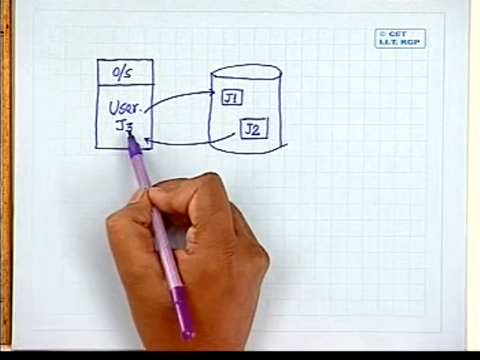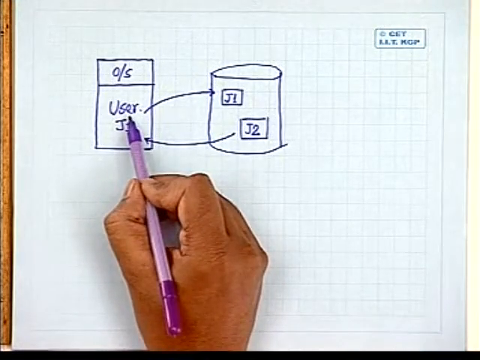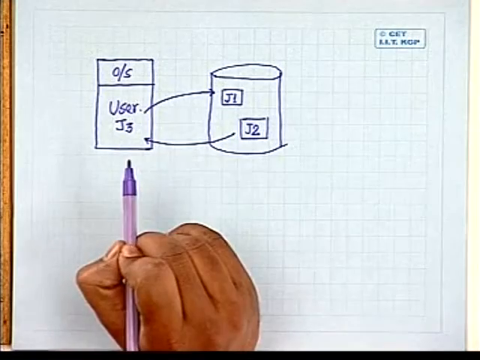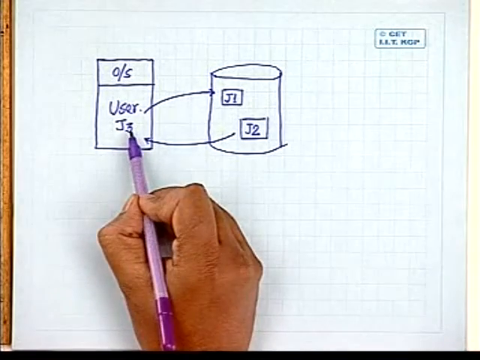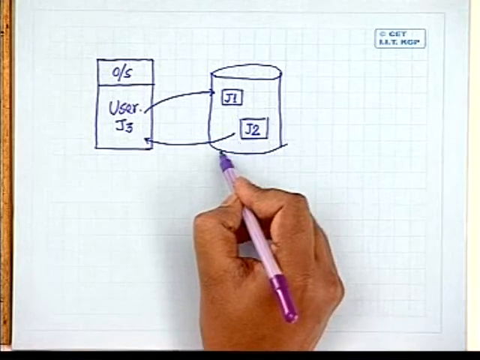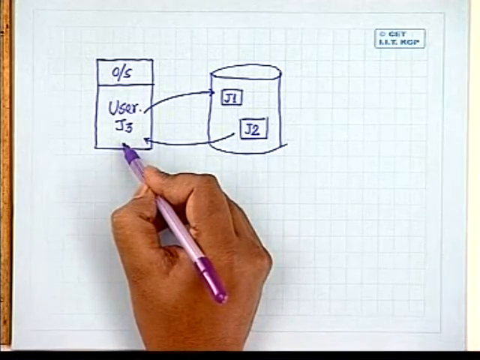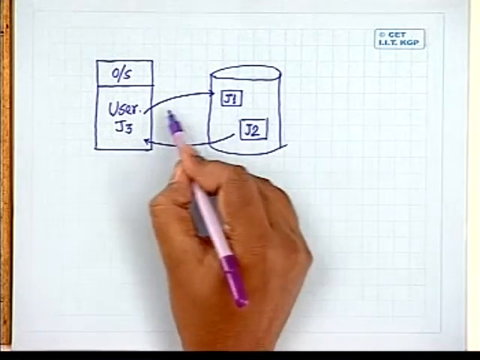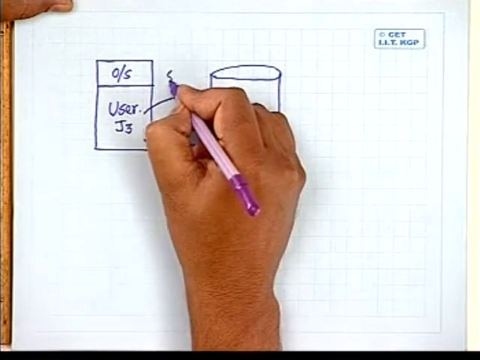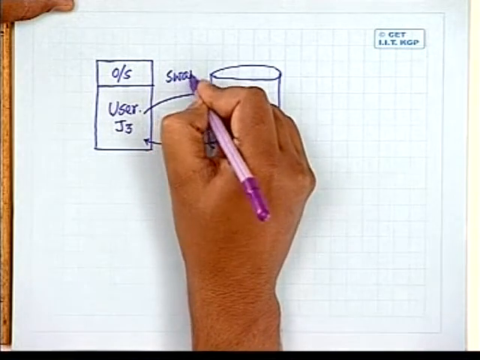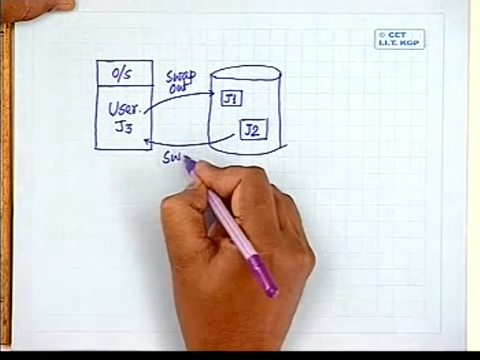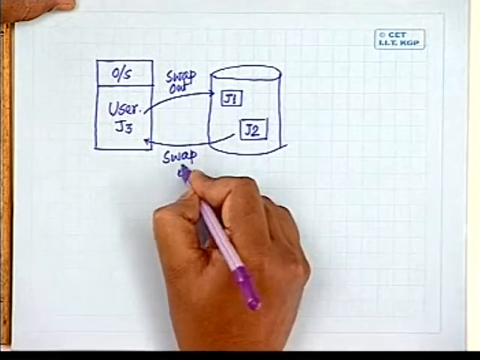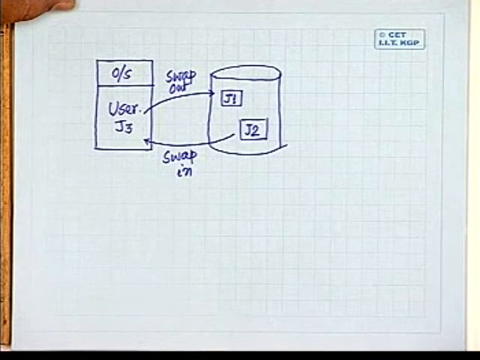If it is not modified, in that case a copy of that already exists on the secondary storage, so I need not write it back onto the secondary storage. I can simply overwrite this with the new user program that comes from the secondary storage. So this is called a swap out operation, and this is called a swap in operation.